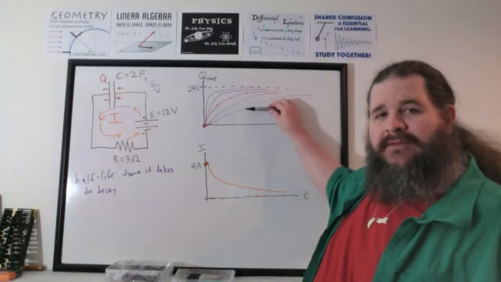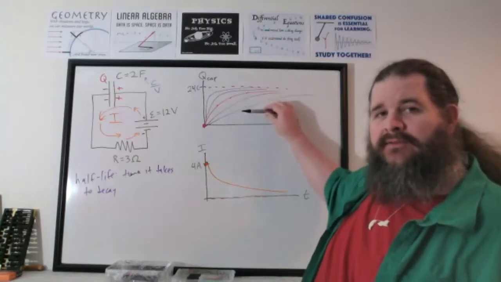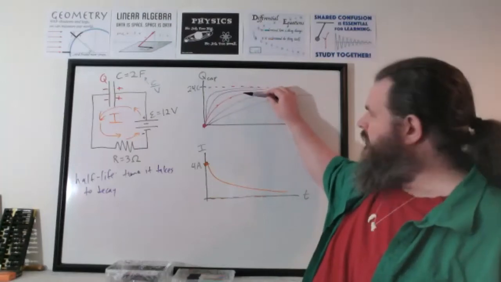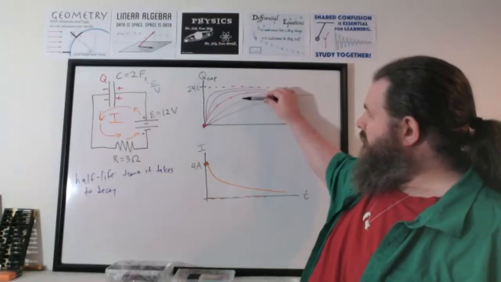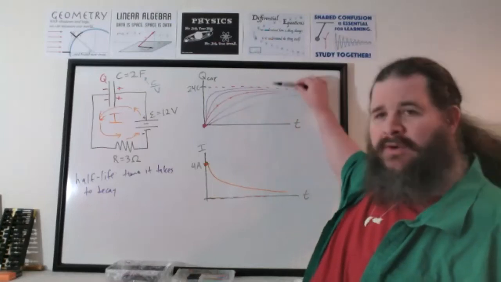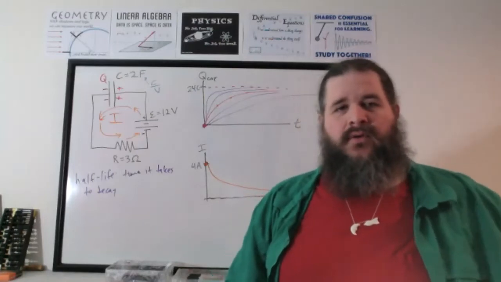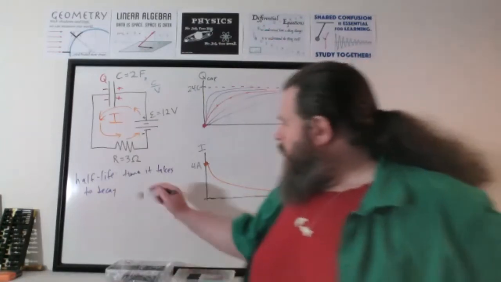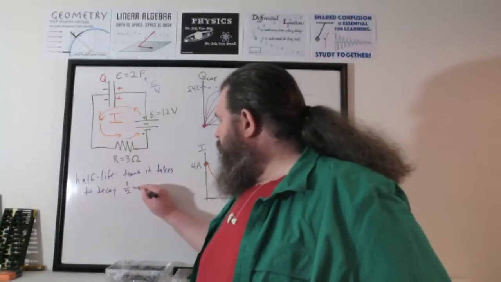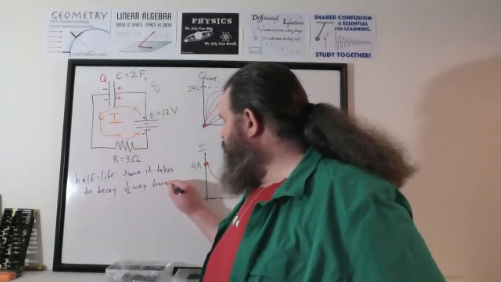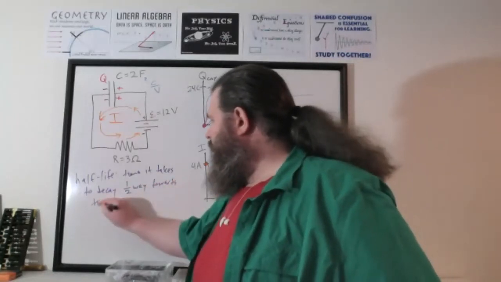And then another half-life would take you another halfway from 12 to what, 18 is halfway to 24? And then from 18 to 21, from 21 to 22 and a half. So each step goes halfway towards the asymptote.